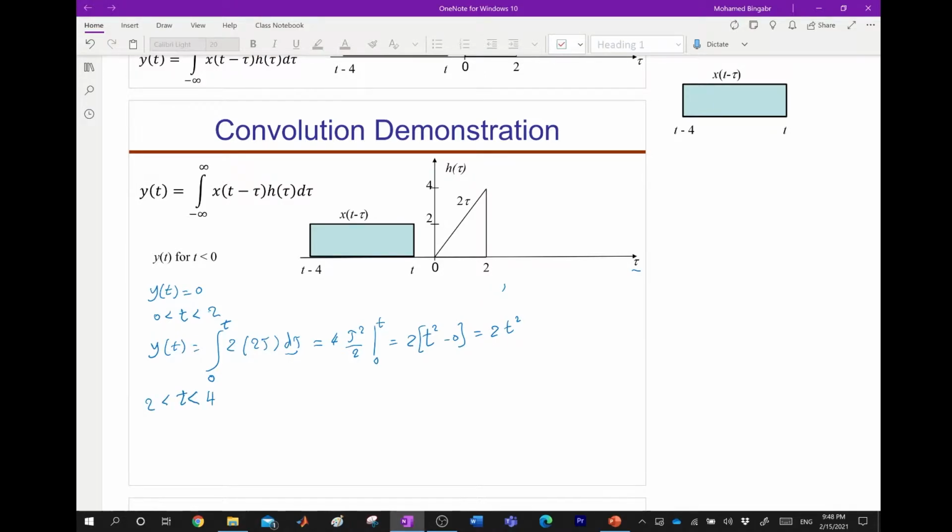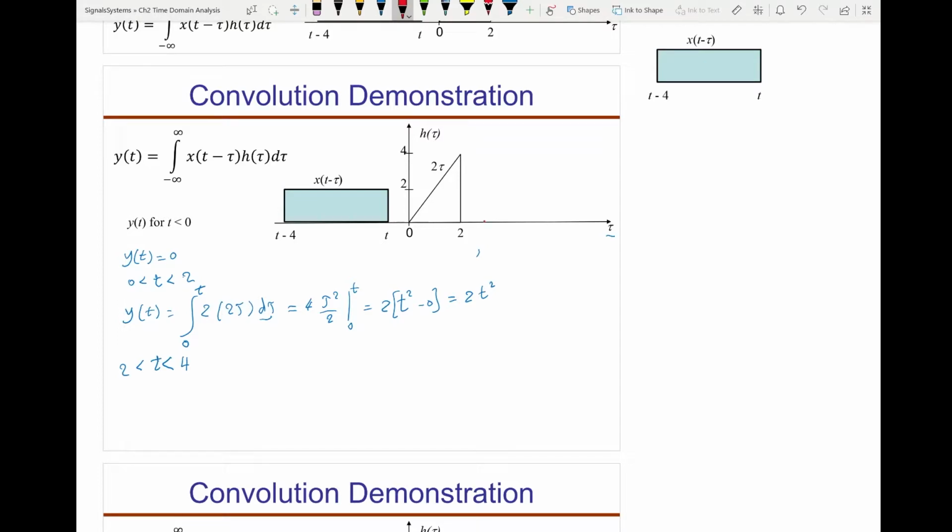And in this case, the scenario will look something like this. And the overlap will be in this region. So from 2 to t, this doesn't exist. From 0 to t minus 4, this doesn't exist. So the two functions only exist in this interval from 0 to 2, and there's full overlap.